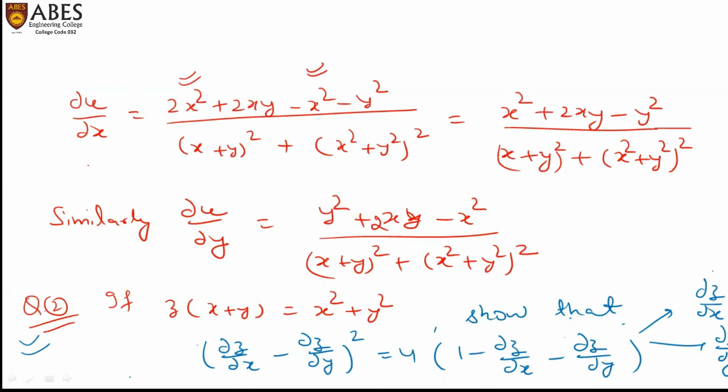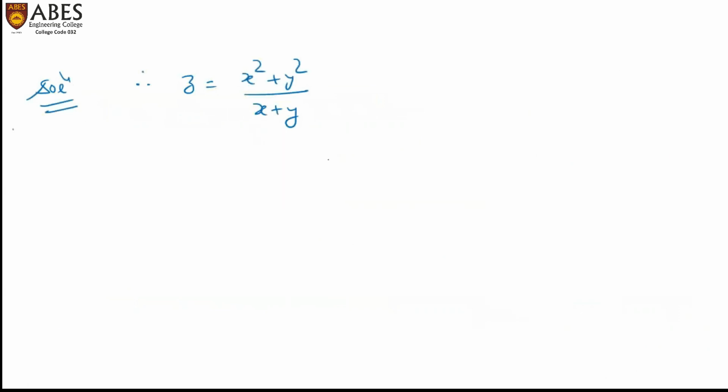Obviously z is the dependent variable and x and y are the independent variables. So first of all, we have to find the value of z in terms of x and y. From this result, z equals x square plus y square upon x plus y.